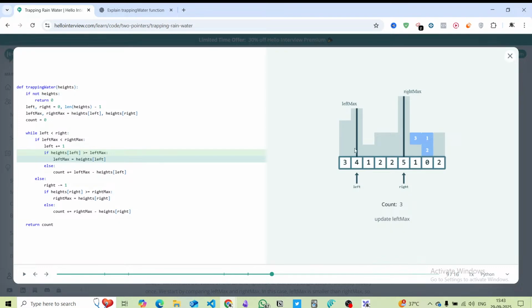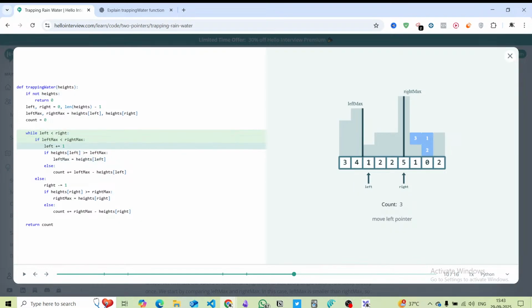So we just move the left max, indicate left max is 4, and then again we just do it. So 4 is less than 5, right? So we just increment the left and then check the left max is already 4. Whether left is greater than 4 or not. So it's not. So we just add it to the count. So the count will be 4.